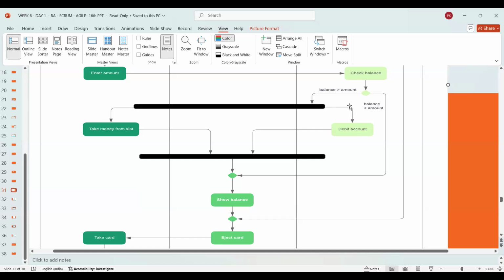You have two activities: take money from the slot, and your account is debited. Can you see there are two things happening at the same time? And when you're coming down, your activities come from two different directions. That's why, to join them again, you have this bar. Whenever there is more than one, these bars come into the picture.